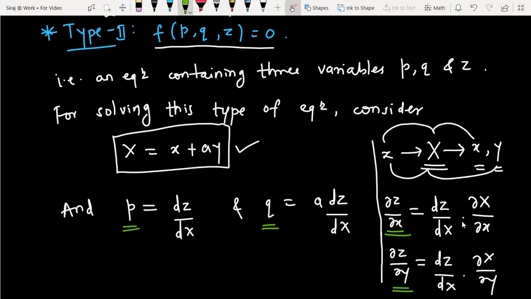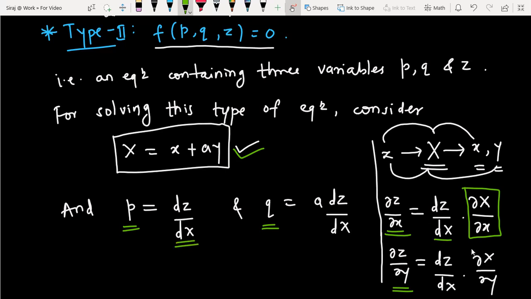On the right hand side, del capital X by del small x, the partial derivative of capital X with respect to small x, is 1. So the remaining term will be only dz by dX. This will be the only remaining term. That's why we have written here p is equal to dz by dX.